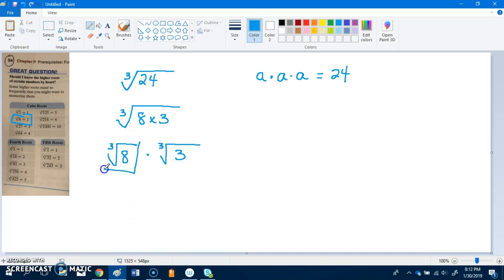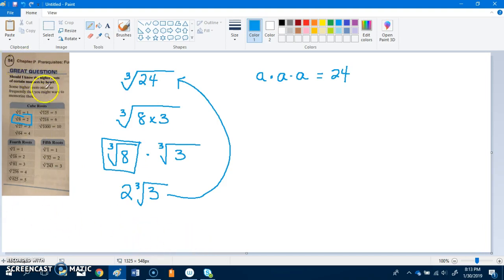And then this one can now simplify to 2, and it leaves us with the cubed root of 3. So 2 times the cubed root of 3 is in simpler terms than the cubed root of 24.